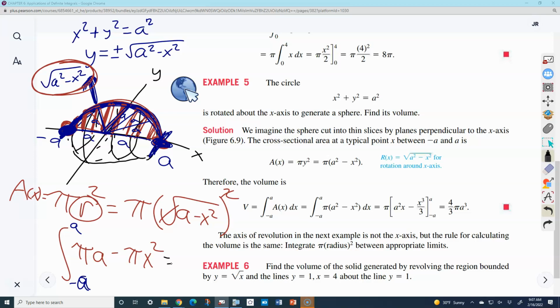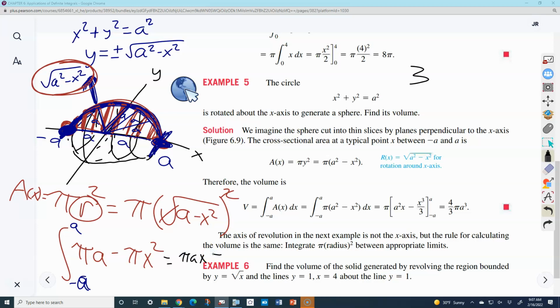So what's the antiderivative of a number? Like what's the antiderivative of 3 with respect to x? 3x. So what's the integral of pi a with respect to x? Pi ax.